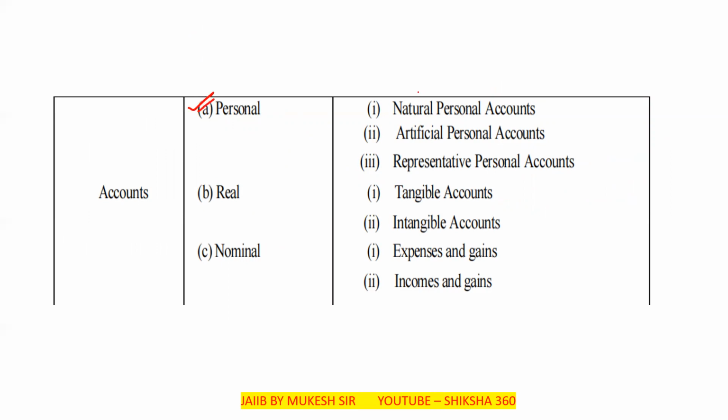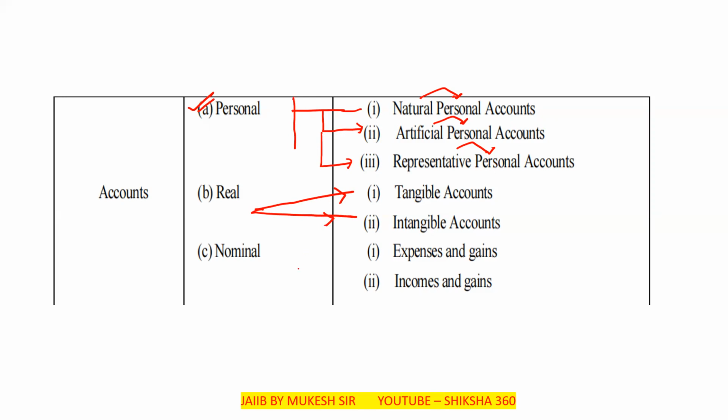Personal accounts are classified further into three parts: natural personal accounts, artificial personal accounts and representative personal accounts. Second, real accounts are classified further into two parts: the tangible account and the intangible account.